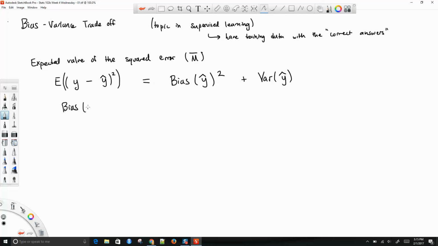The bias is going to be the difference between the expected value of what our model predicts and the actual value, and then the variance of our predictions is the usual definition of the variance.